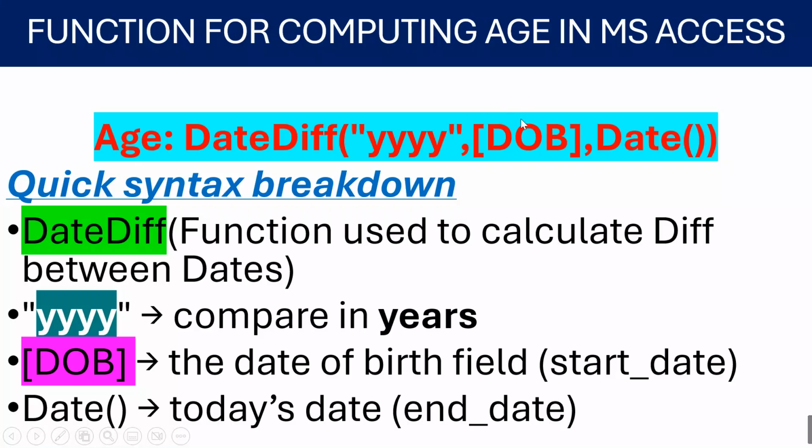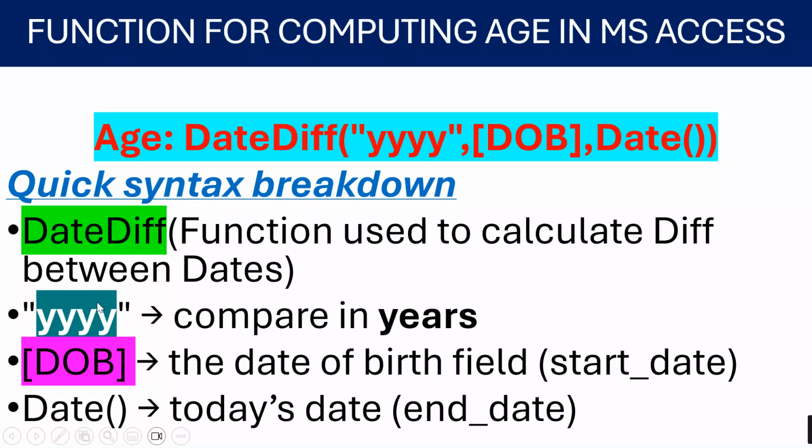Call for me the field that is containing the date of birth. Drop a comma, then call for me the Date and open brackets and close. Quick syntax breakdown here. The DateDiff function is used to calculate the difference between the dates, the date between the current date and the date when the candidate was born.